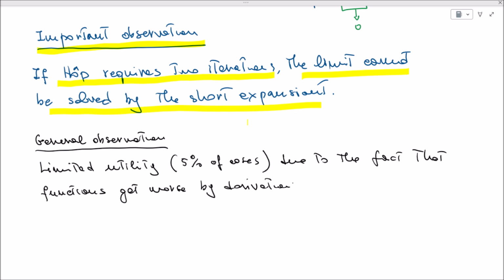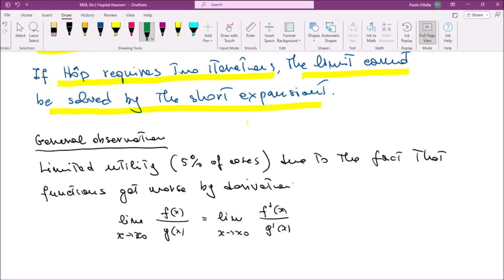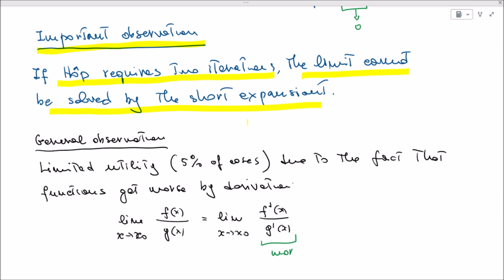So what I'm saying is that if we start with a function with the ratio f of x divided by g of x for some x that goes to x naught, and we want to try to get a better limit by taking the limit as x goes to x naught of f prime of x divided by g prime of x, well, this usually tends to be worse, just because every function gets more complex after applying the derivative.